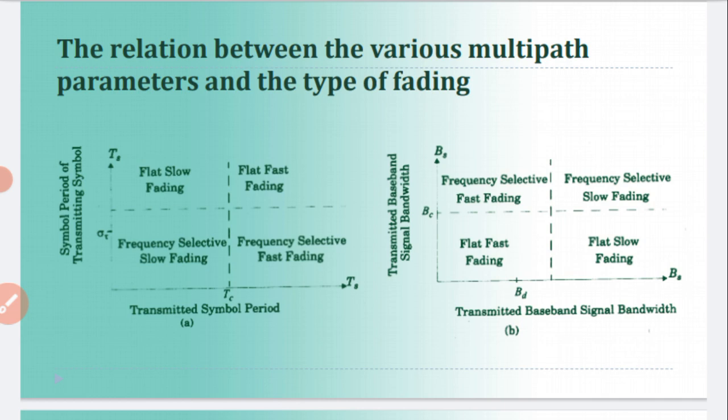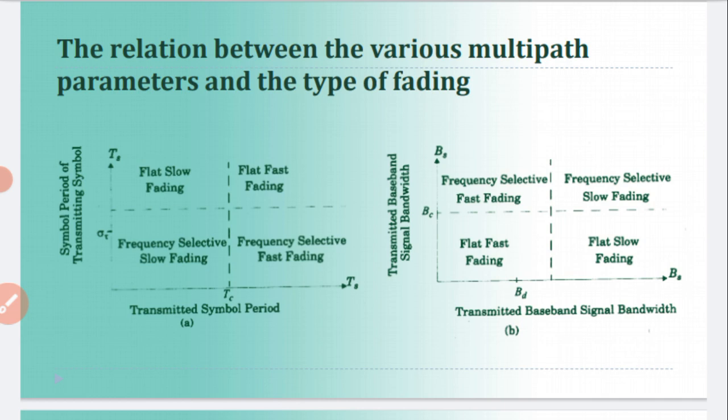If the coherence time is less than the symbol period, they are considering sigma tau and Tc. What is sigma tau? That is the delay spread. So they are considering the delay spread and coherence time. Just go through this diagram.